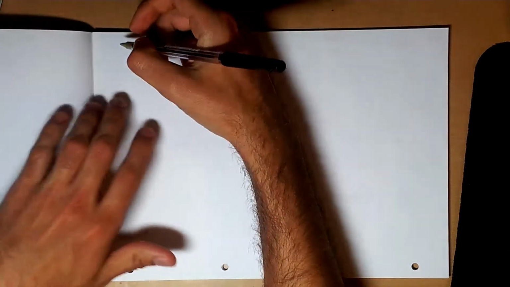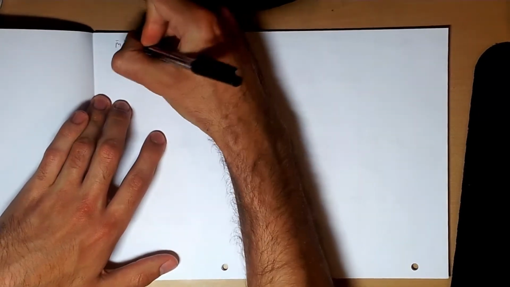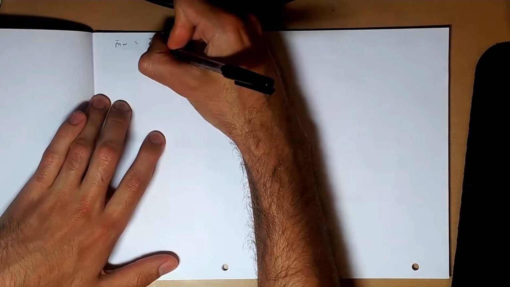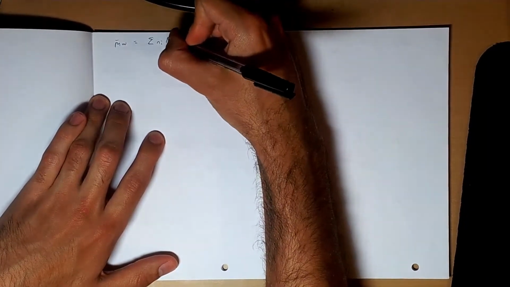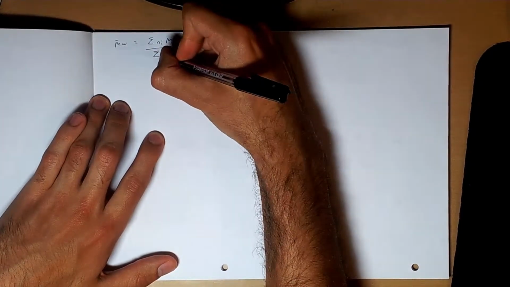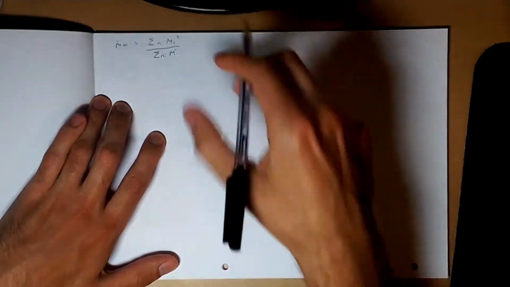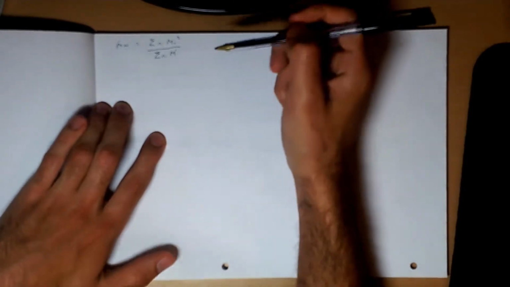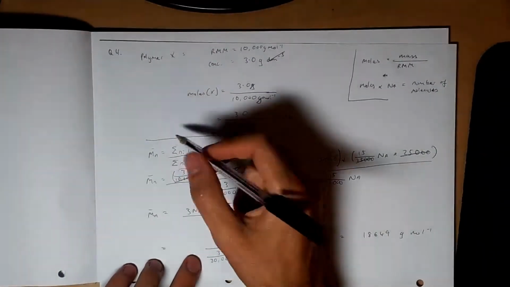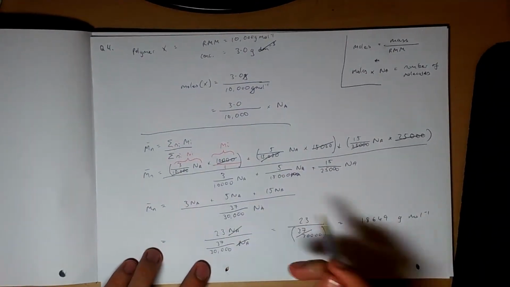So the next part of this question is working out the weight average molecular weight, and that, as we know from before, is Mw being equal to the sum of Ni Mi squared over the sum of Ni Mi. And if you remember from question 1, this denominator will be the same as the numerator we just calculated, 23 Na.